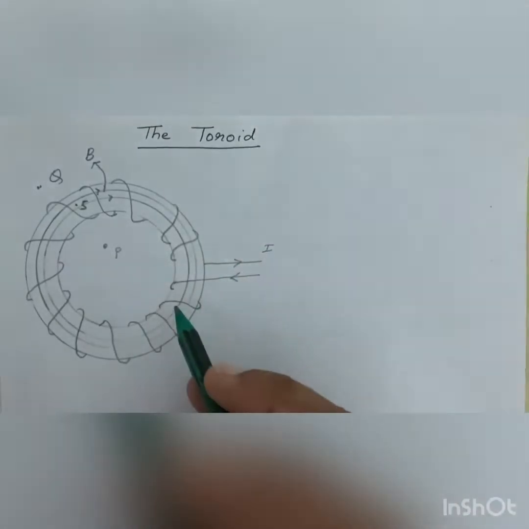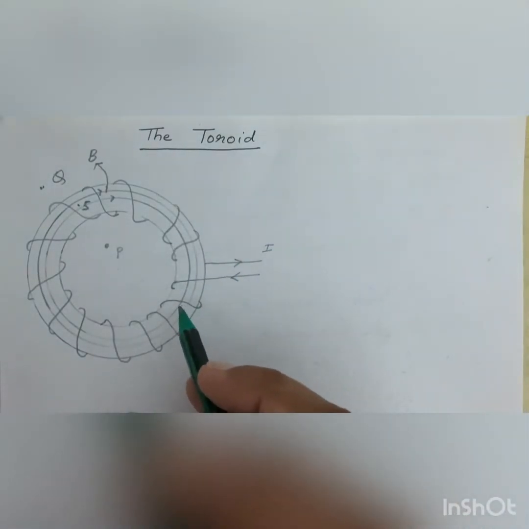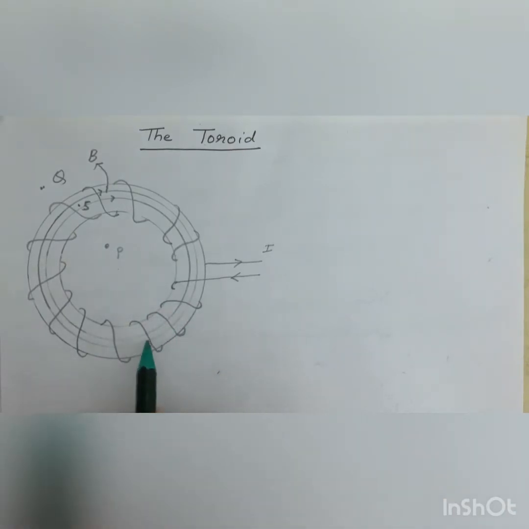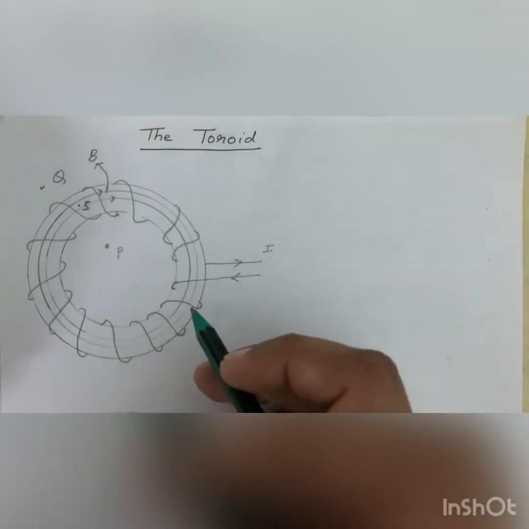A toroid is a hollow circular ring on which a large number of turns of wire are closely wound.